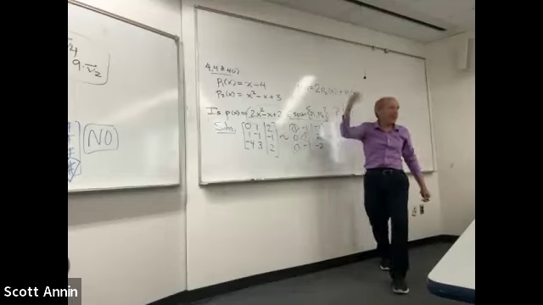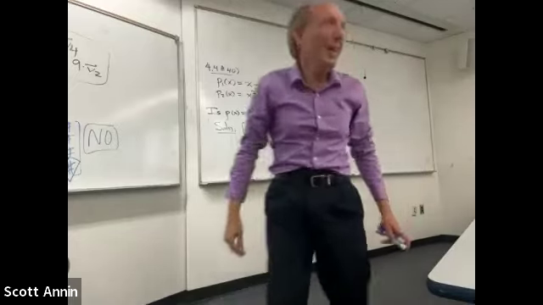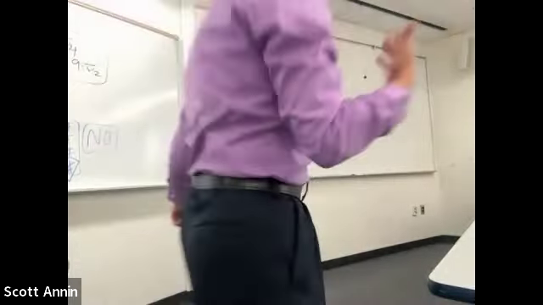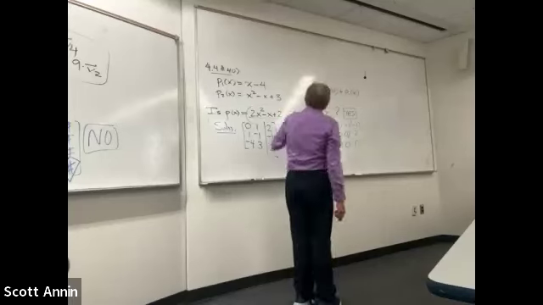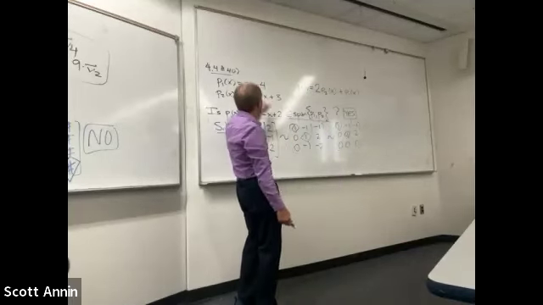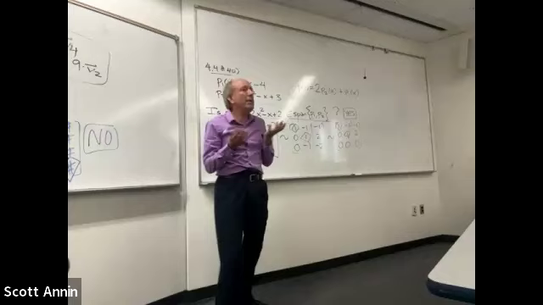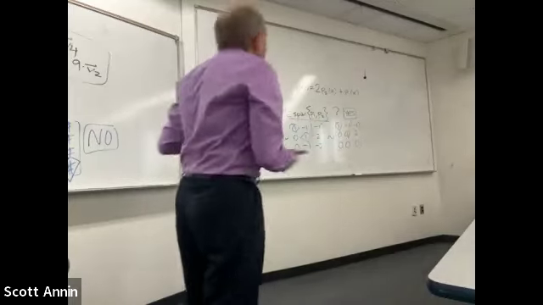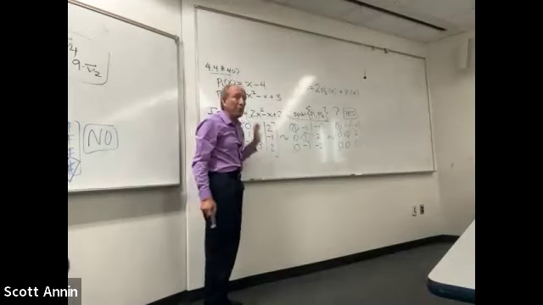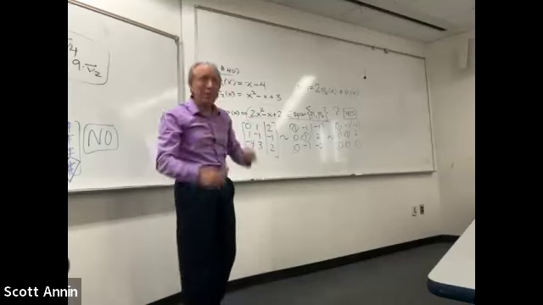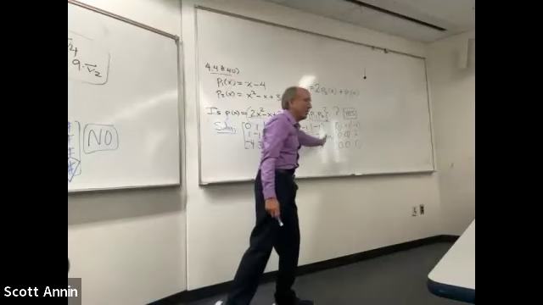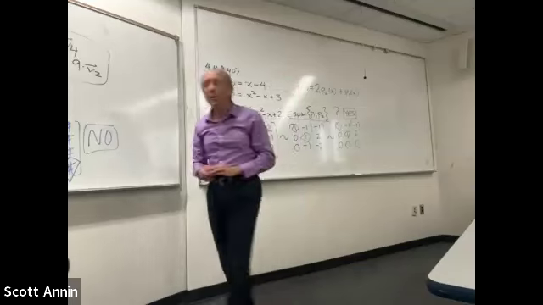I did it in my head because I've done this problem for 20 years. But if you've never seen this before, you might be scratching your head. I don't know, can I write this polynomial in terms of these two? It might not be obvious to you. So if it's not obvious to you, the foolproof way to make sure you get the answer right is to set up the matrix. And that is what you should do.